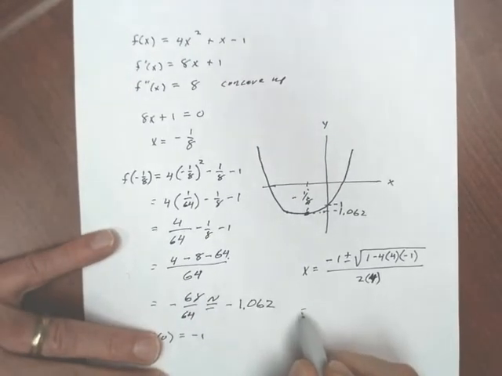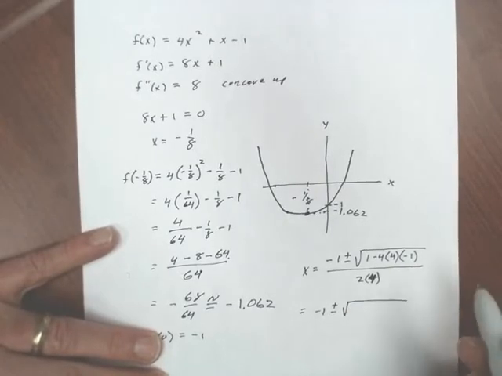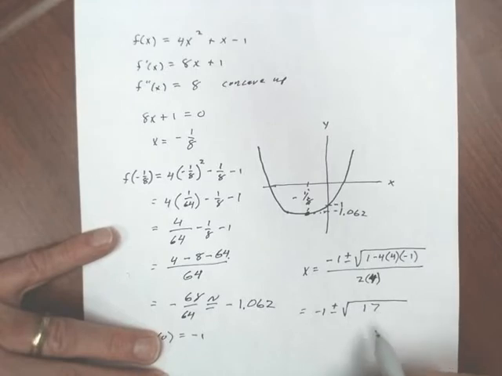So this gives us -1 plus or minus the square root of, let's see, that is 16 plus 1, square root of 17, divided by 8.